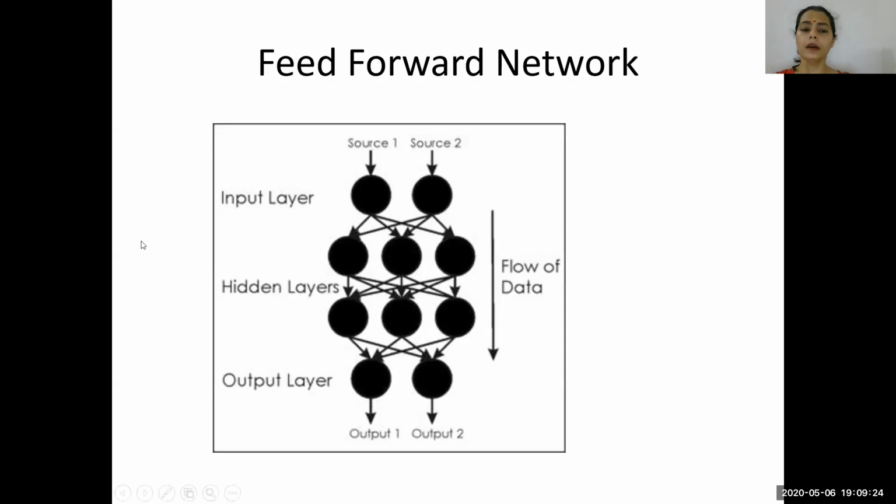Now, a couple of these perceptrons, when arranged in a certain fashion, will give rise to a feed-forward artificial neural network. This is what it looks like, where each of these nodes is nothing but an artificial neuron or a perceptron.